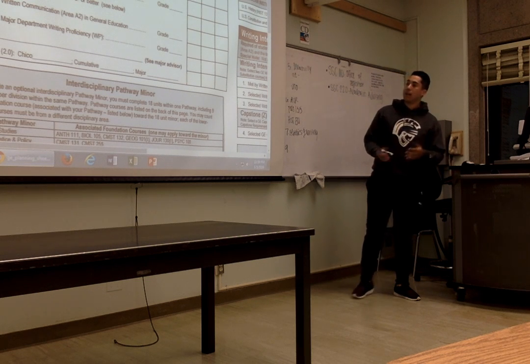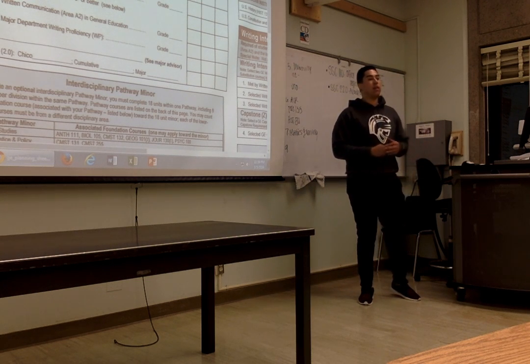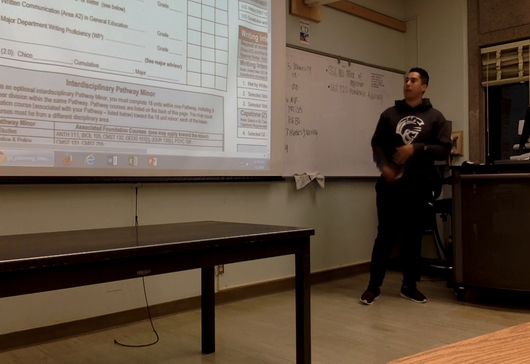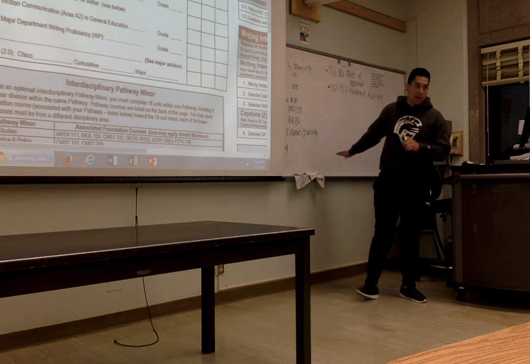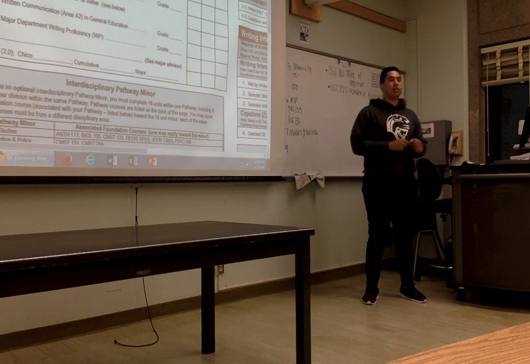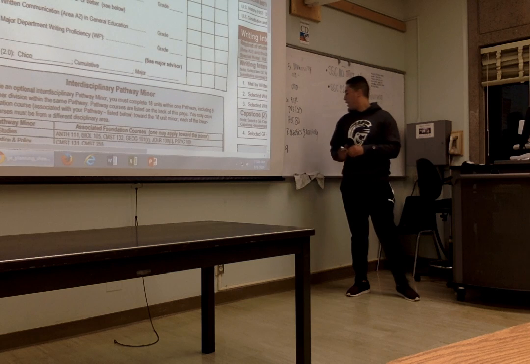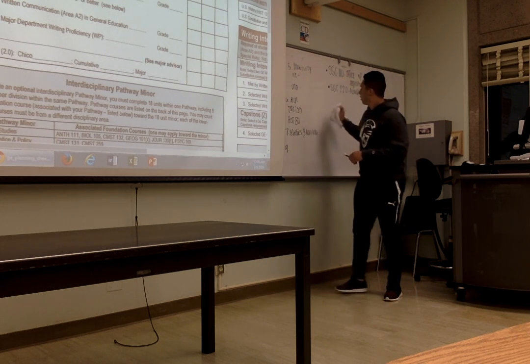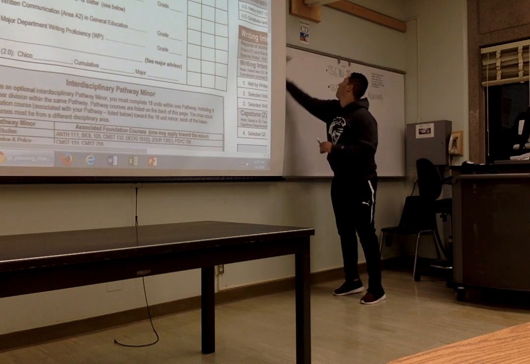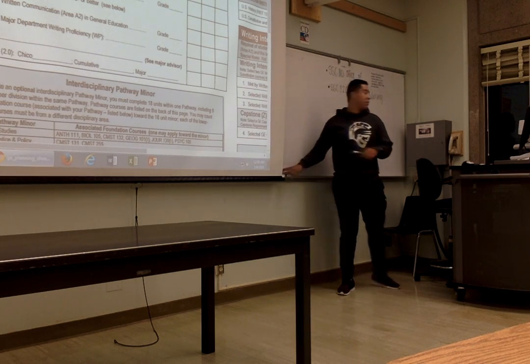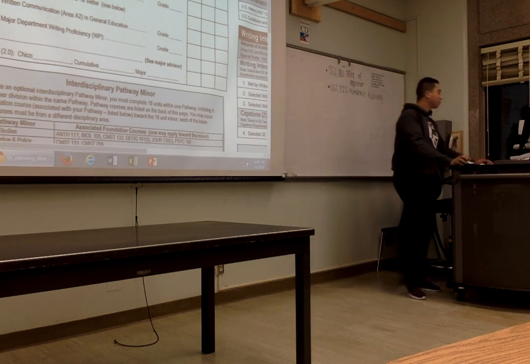Like I said again, if you fall below 2.0, you would be placed on academic probation. Nothing to worry about, just go to academic advising, SSE 220, and they'll help you figure that out. That was our graduation requirements.